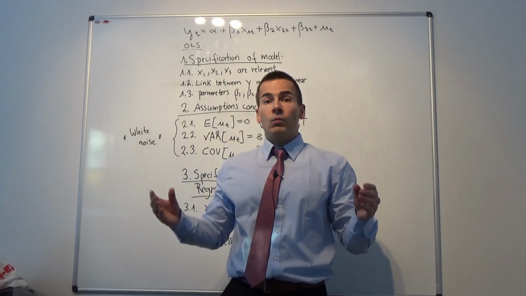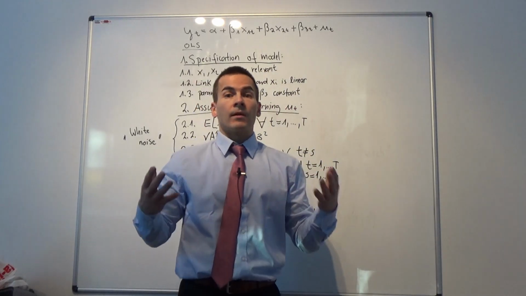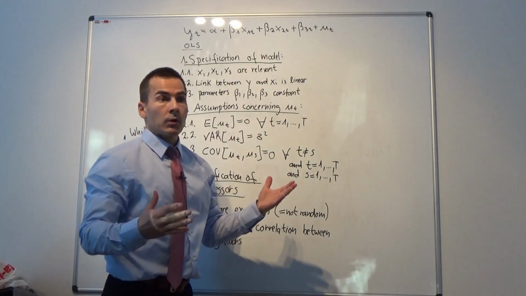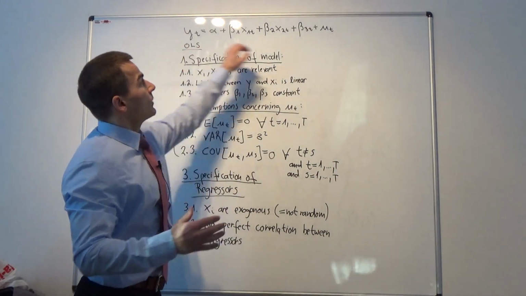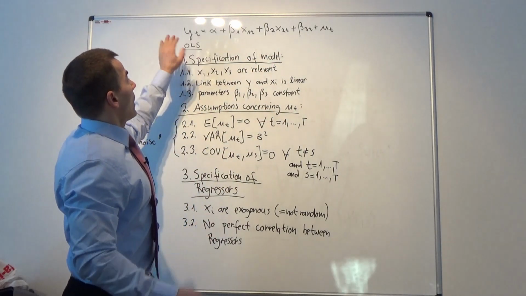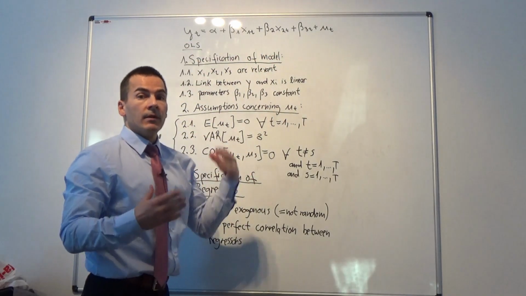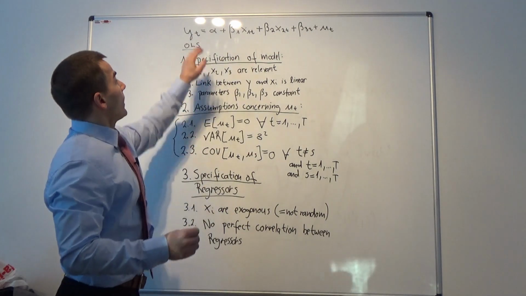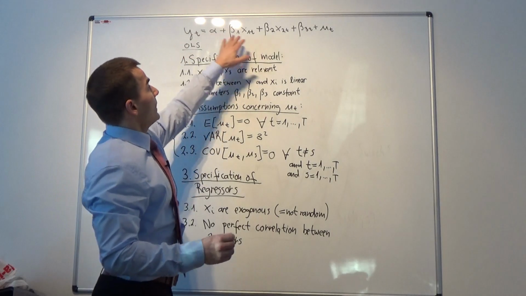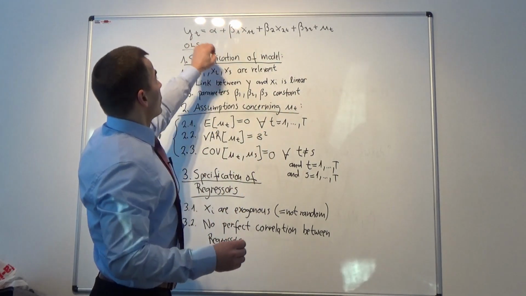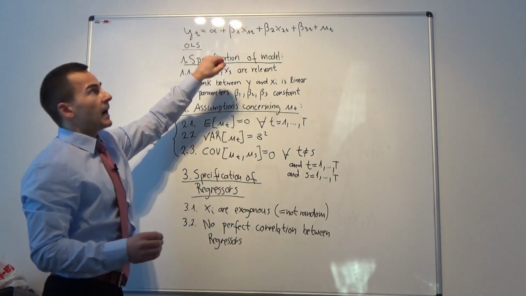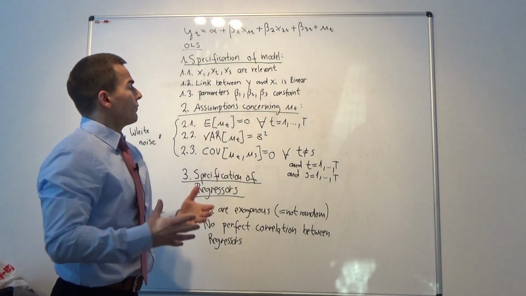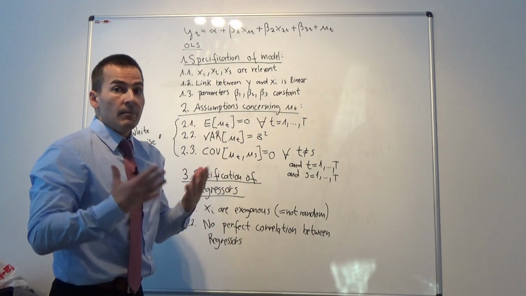In what follows, we will use this simple model, which is a single linear equation. Our dependent variable is denoted as yt, which is typically the case. Then we have a linear relationship, so it's a linear model. We have a constant term denoted as alpha. x1t is our first regressor, our first independent variable.